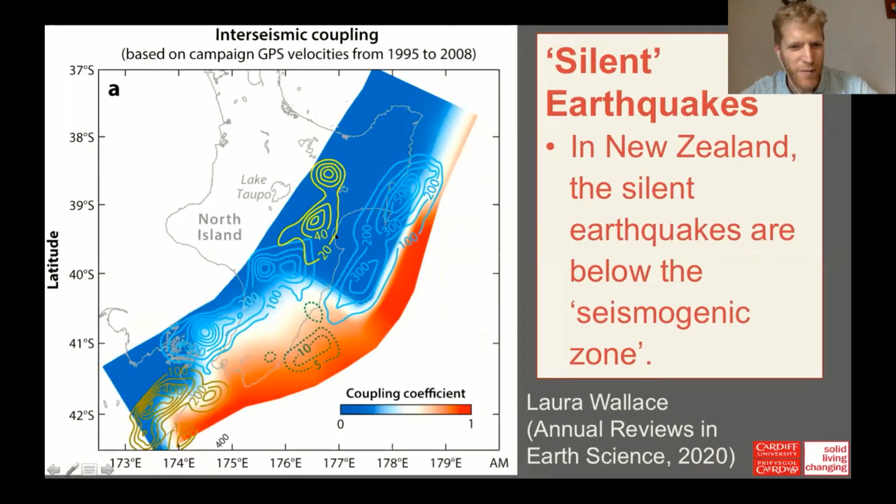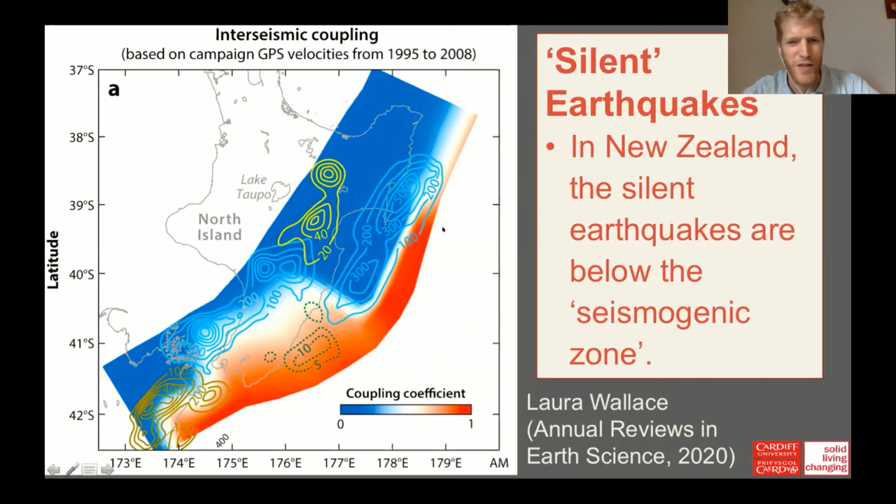Here is a map of New Zealand showing essentially the same thing. It's mapped a little bit differently. In this map, the red is showing where the plate interface is locked, so where the ocean is pulling the continent down. In southern New Zealand, that's a broad zone going down to a depth of about 30 kilometers.